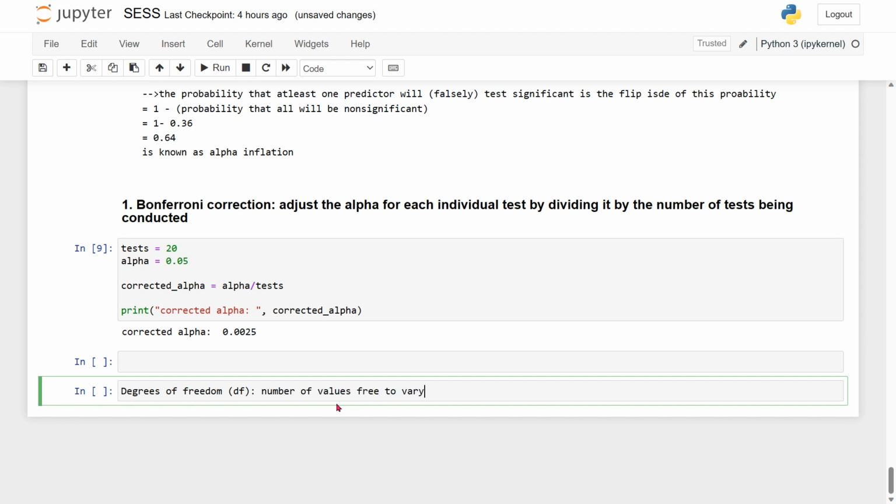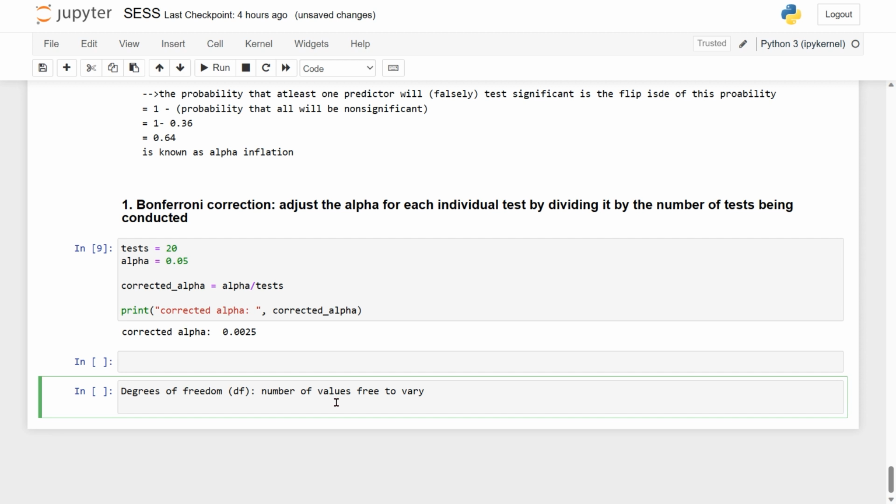Simple, the simplest definition for degrees of freedom. Now let's take one example. So we know the mean of 10 values is equal to something, 60.